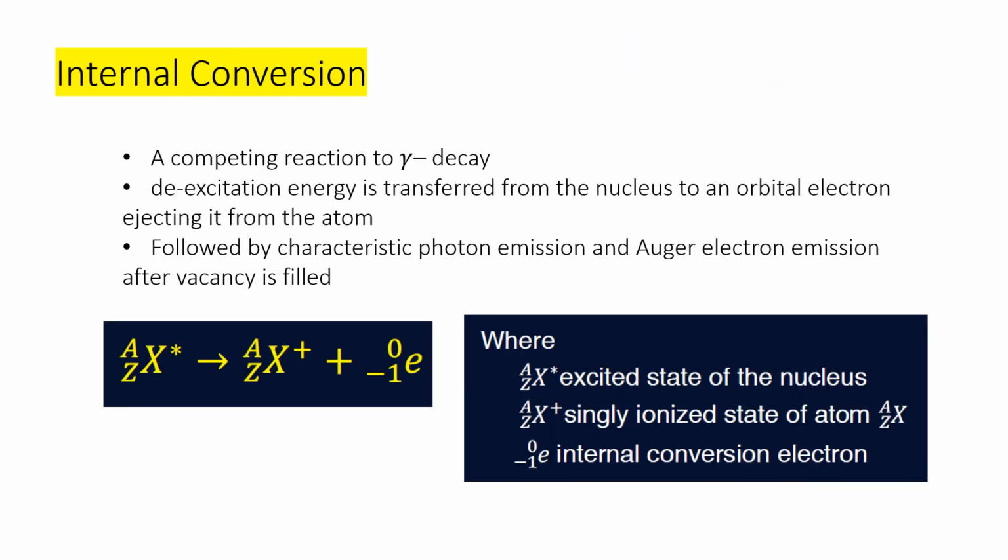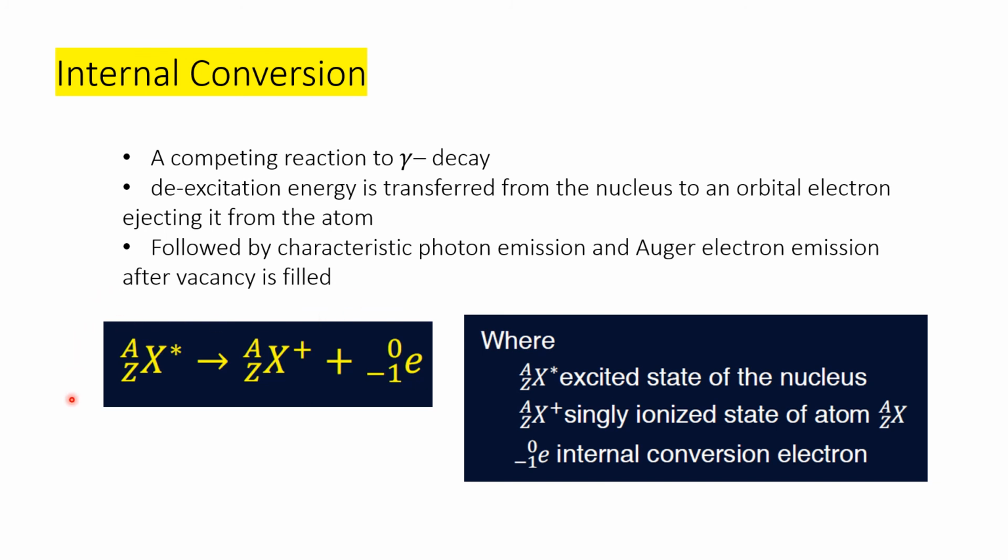There is actually a competing reaction to gamma decay, and we call this internal conversion. So in internal conversion, the excitation energy is transferred from the nucleus to an orbital electron, ejecting it from the atom. It is followed by the characteristic photon emission and Auger electron emission after the vacancy is filled.